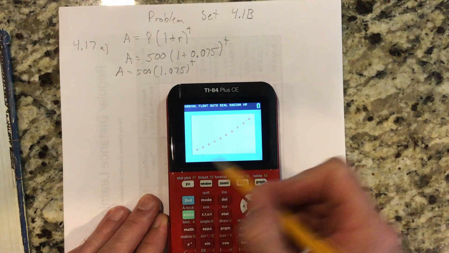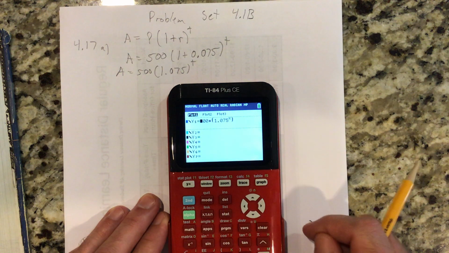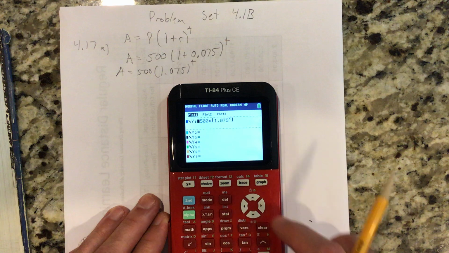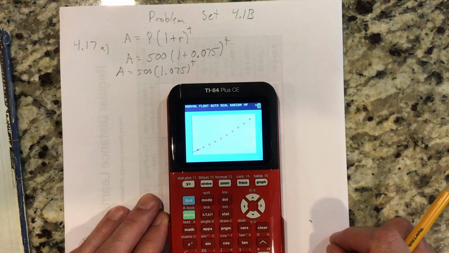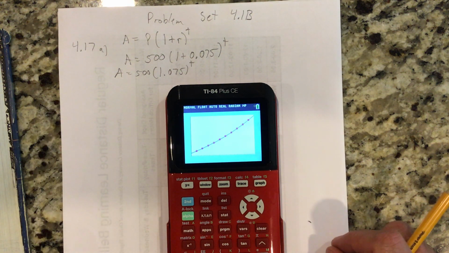Obviously, if it's on your paper, just draw the curve in. If you want to do it on the calculator, type in your equation and graph it, and you get a nice curve. Again, it's perfect exponential, so the line goes through every point.